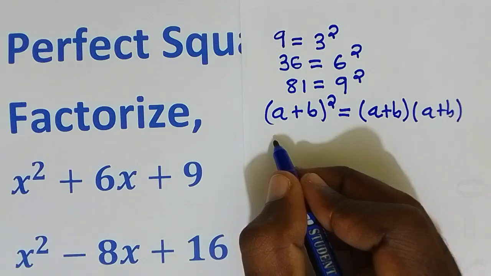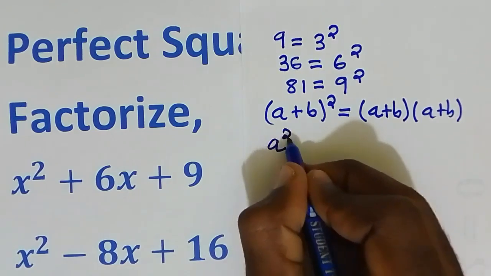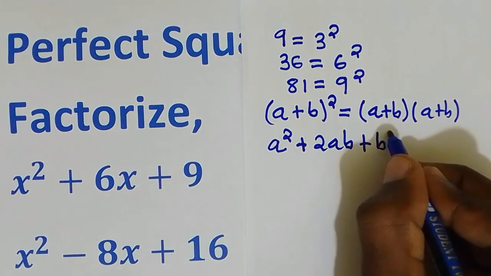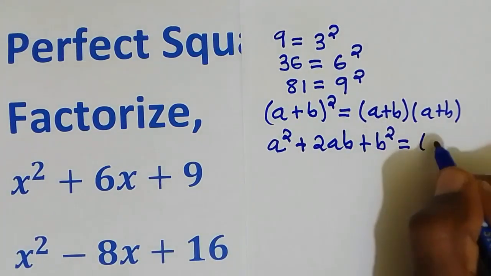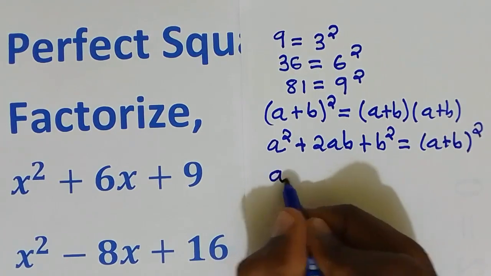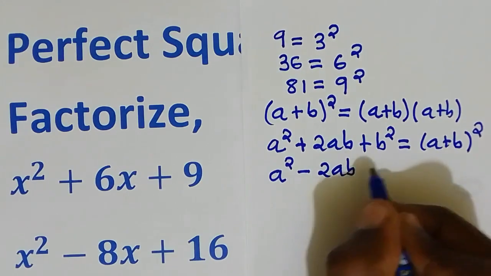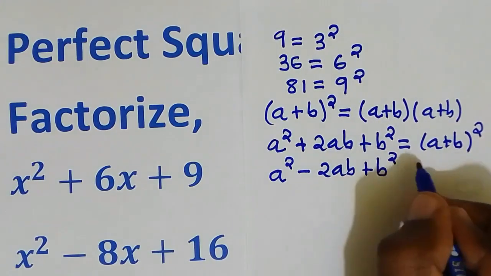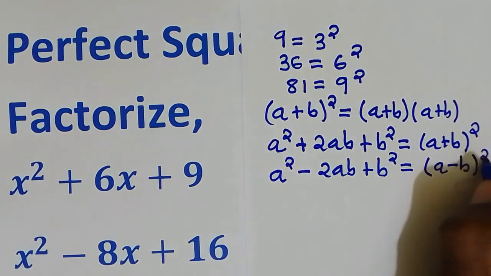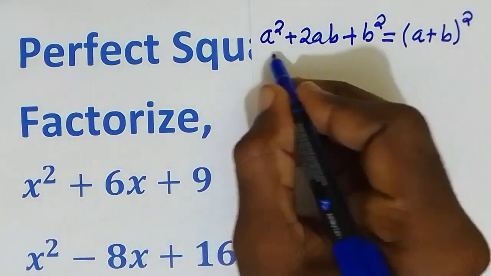So the quadratic expressions that are in the form of a perfect square are a squared plus 2ab plus b squared, which is equal to (a plus b) squared, and a squared minus 2ab plus b squared, which is equal to (a minus b) squared.